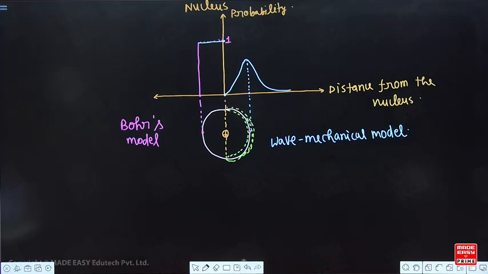Rather, position is considered to be the probability of an electron's being at various locations around the nucleus.